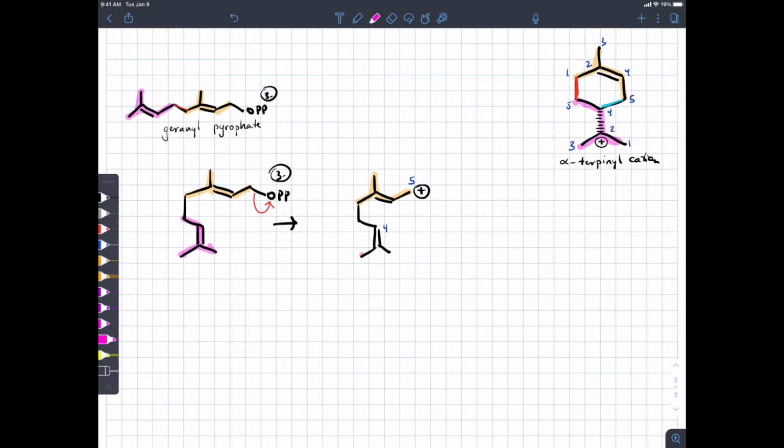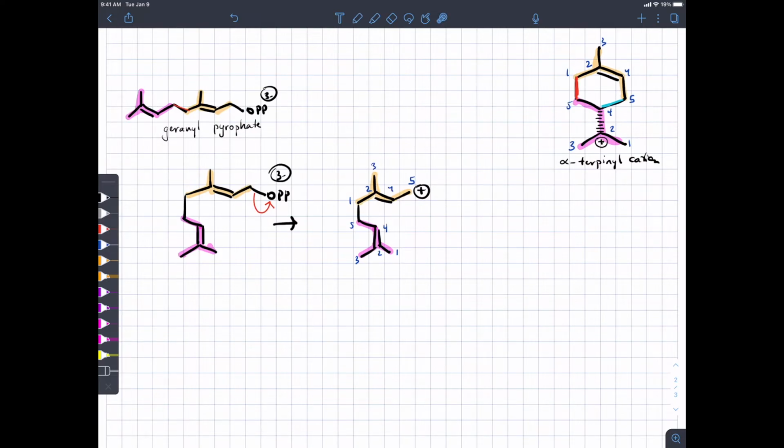And it seems reasonable to be able to do that because pink 4 is involved in a pi bond, so we could use that pi bond as a nucleophile to make a new bond between pink 4 and orange 5.